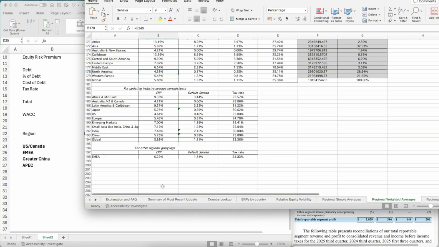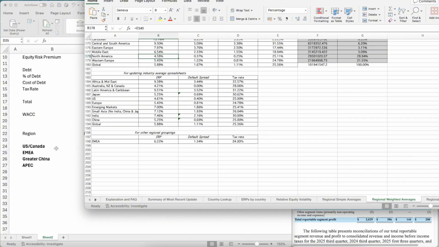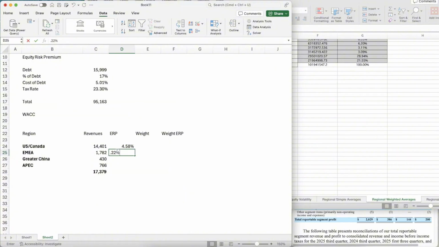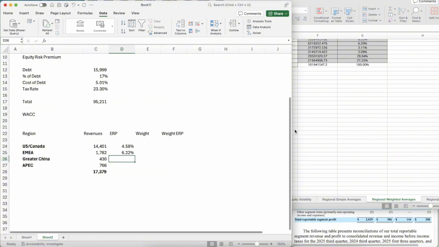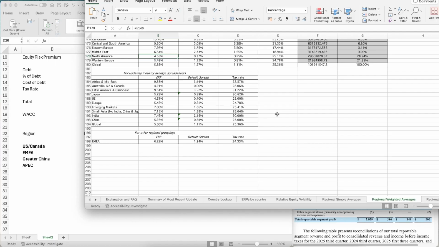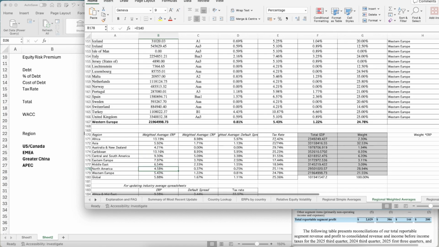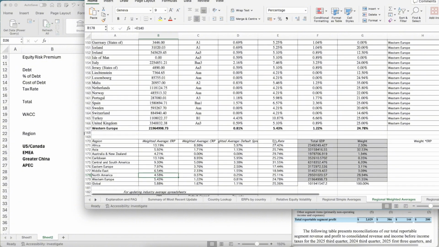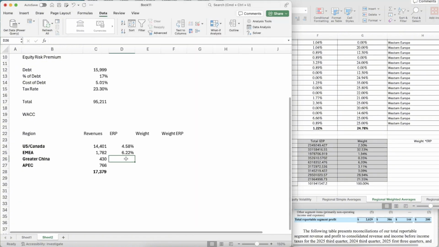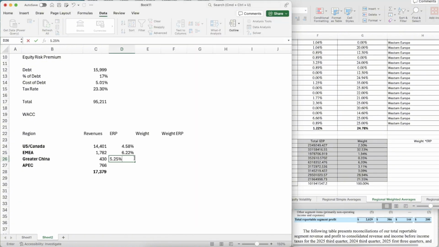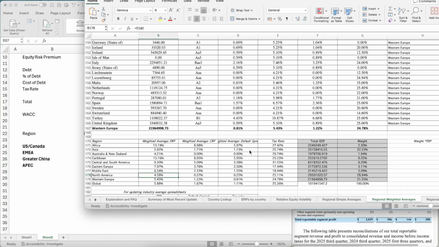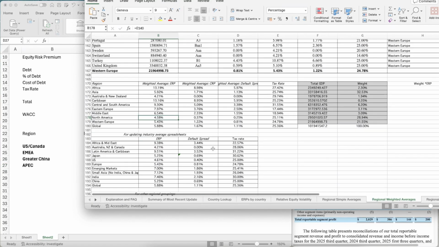Then for EMEA, we have this one down here, 6.22%. Greater China, do we have one? Greater China, 5.25%. And APEC, so Asia Pacific excluding China.